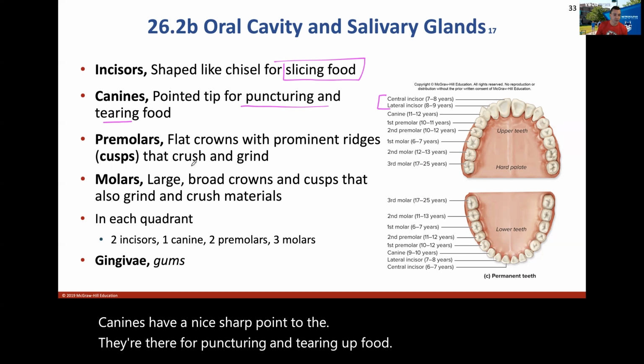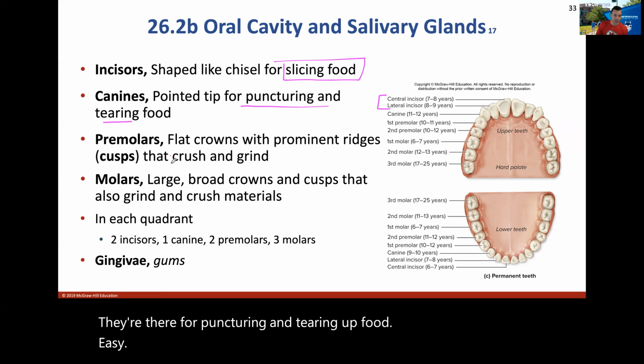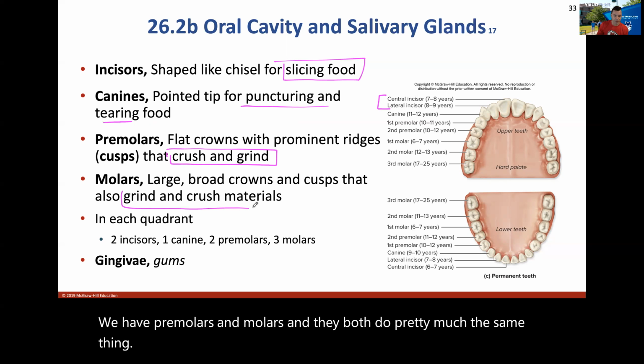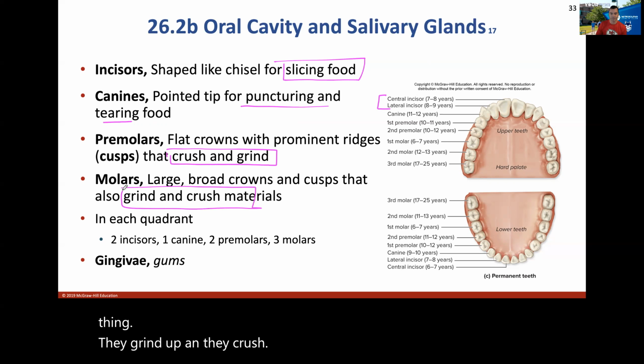Easy. We have premolars and molars, and they both do pretty much the same thing. They grind up and they crush. There are your 3 molars, a couple premolars, canine, and 2 incisors.